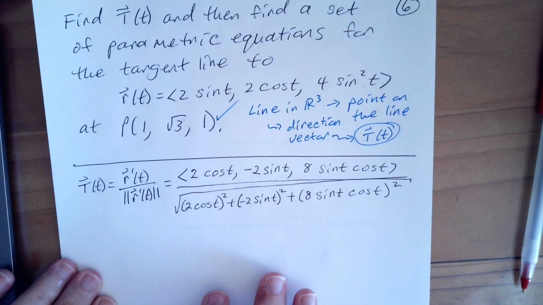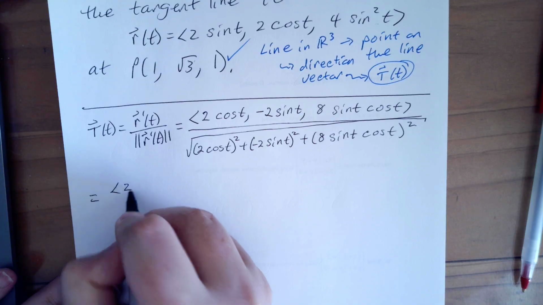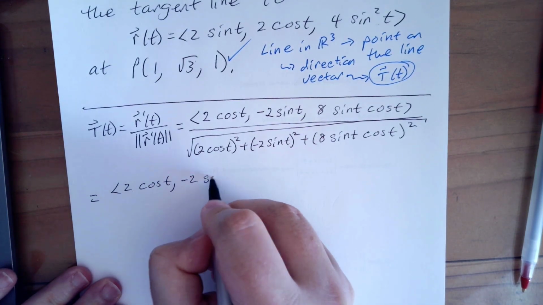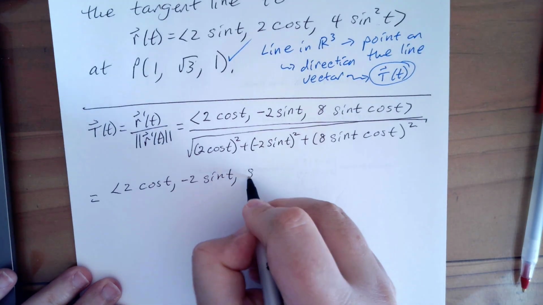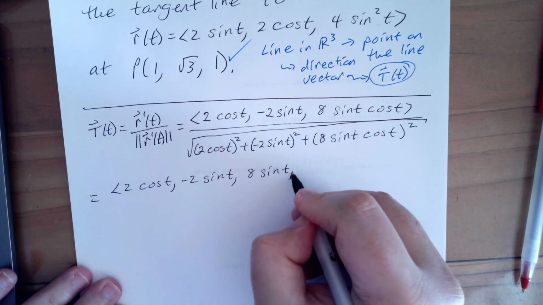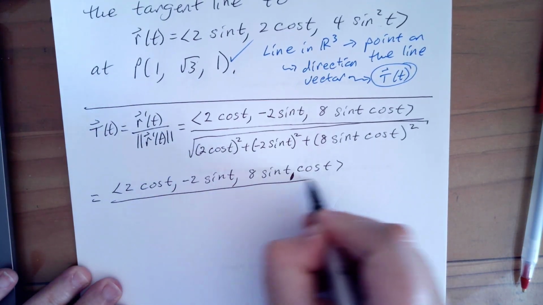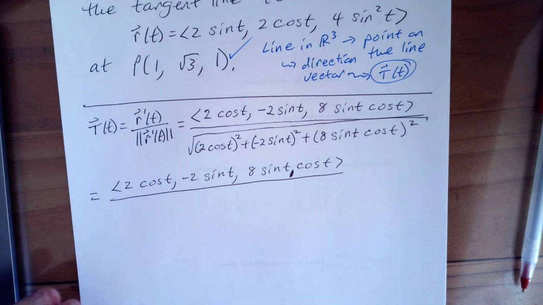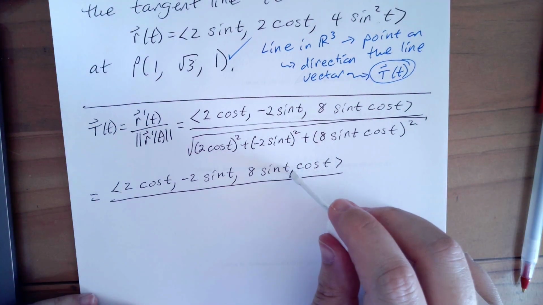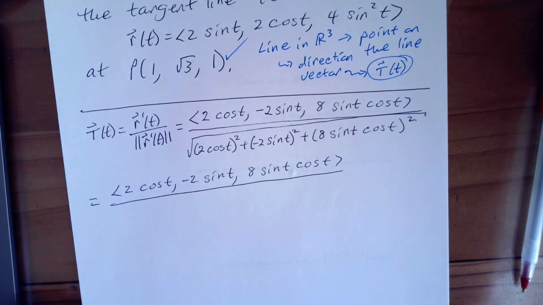Let's simplify this as much as we can. Numerator stays the same. So 2 cosine of t, negative 2 sine of t, 8 sine of t, oops, this should be cosine of t. There we go. Divided by, let me wipe that out. That's kind of bothering me. I don't like that little mistake I made there. Okay, there we go. That's better.